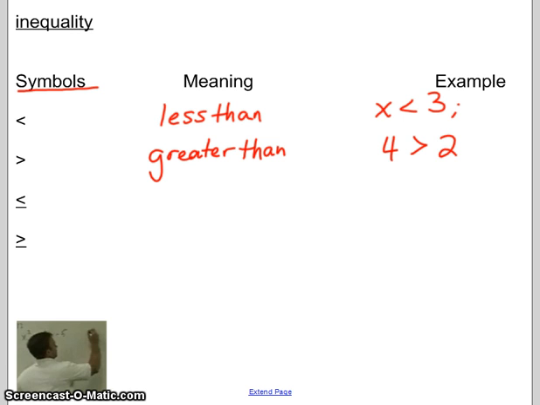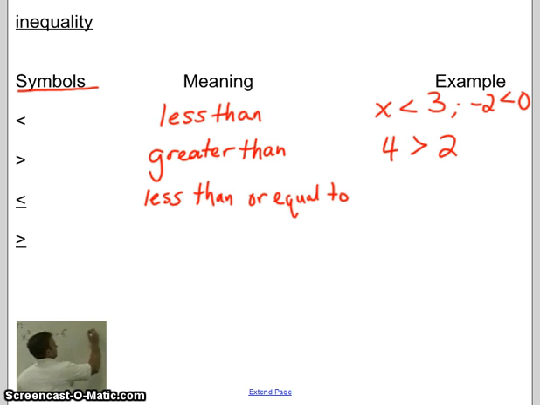Let me show you another example for less than. Negative 2 is less than 0. Next one, less than or equal to.